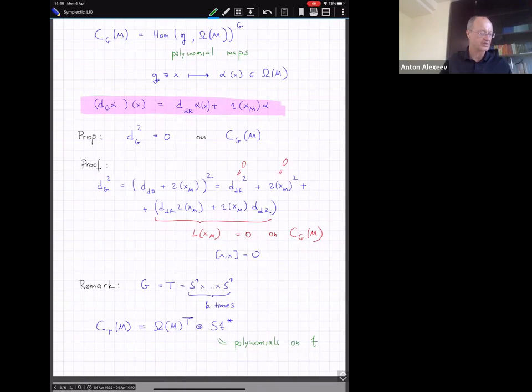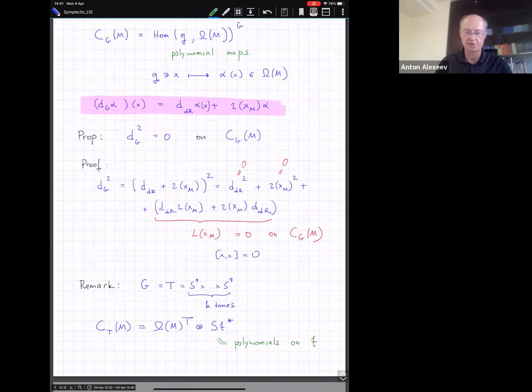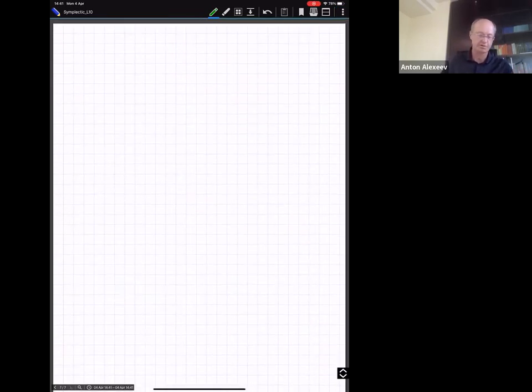Okay. So let's do the following. What is the zeroth cohomology of this differential? You mean what is H0? Let's do an example. I plan to do an example, computing all the cohomology of something.